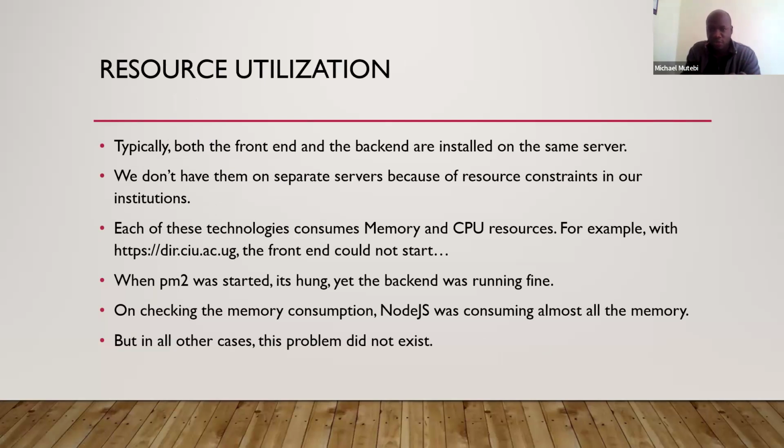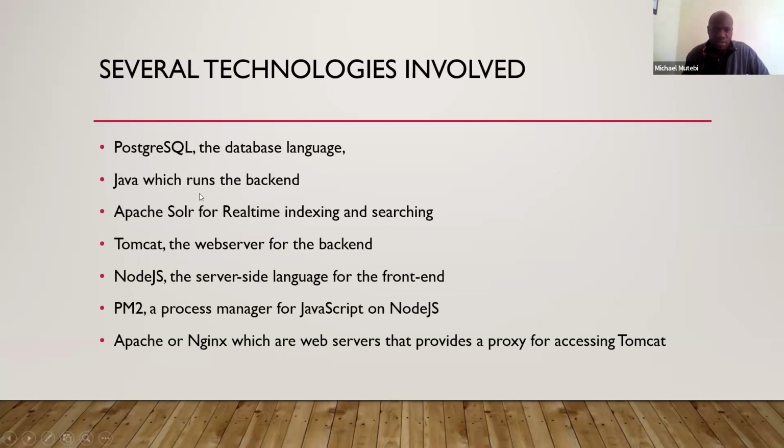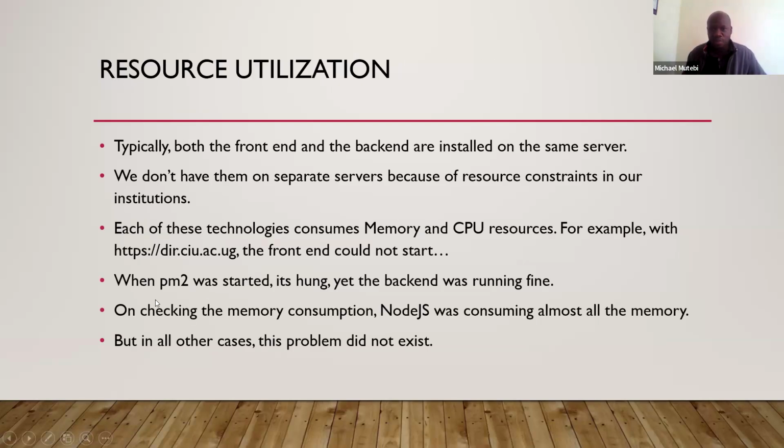And this is very common for institutions which don't have a lot of server resources. Ideally, we should be running these on separate servers. That would be the ideal. But because of resource constraints, we have them all on the same machine. Now, all of these technologies being on the same machine use a lot of memory and CPU resources.